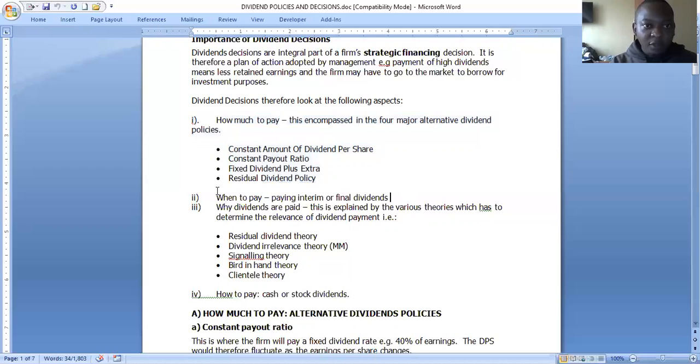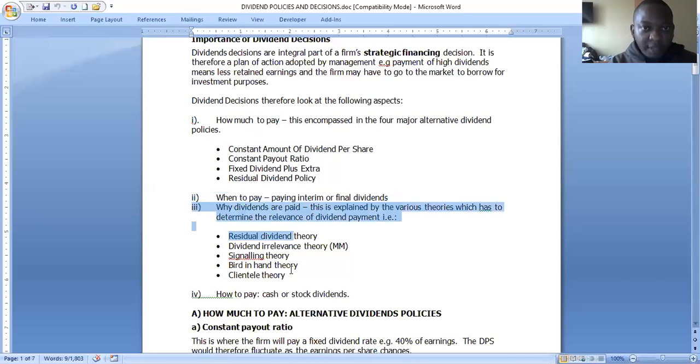The other aspect of dividend policy is when to pay. So dividends can be paid in the interim, that is interim dividends that are paid before the year ends, or they can be final dividends that are paid at the end of the year when the profits have been declared.